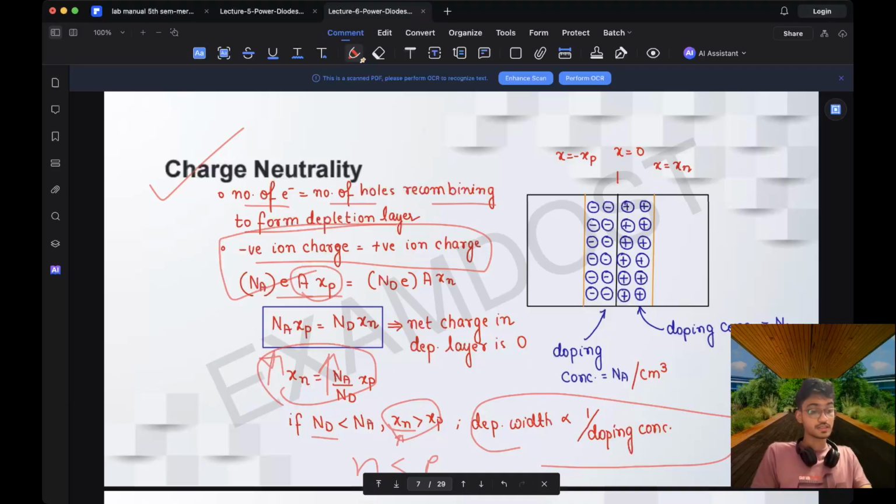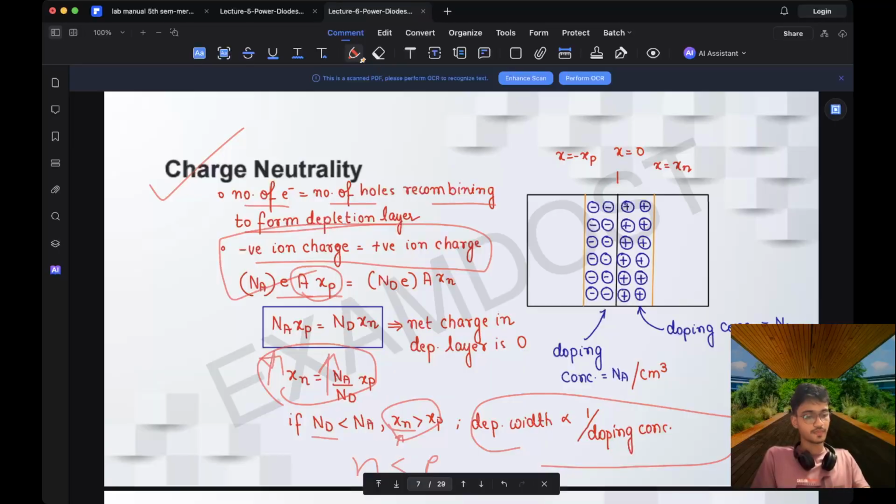The length would be XP, and here would be XN. Why? Donor, which can donate. Donate means lose electron.